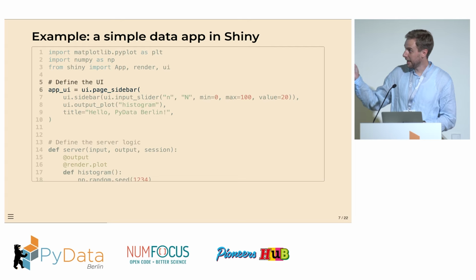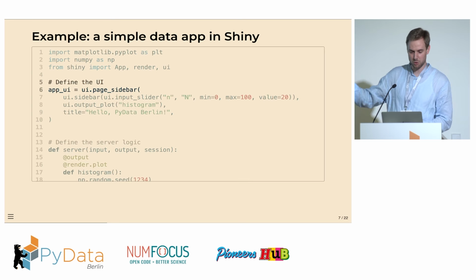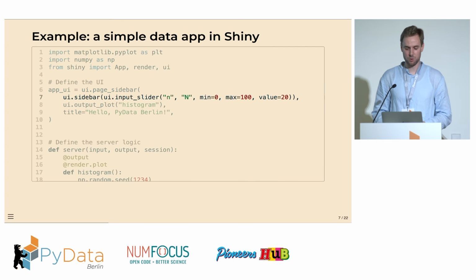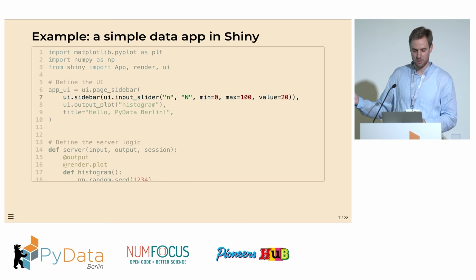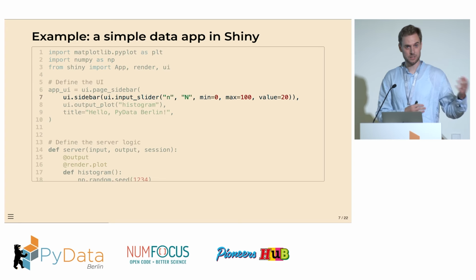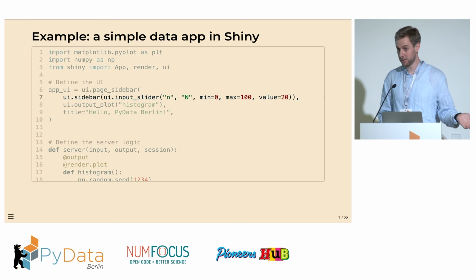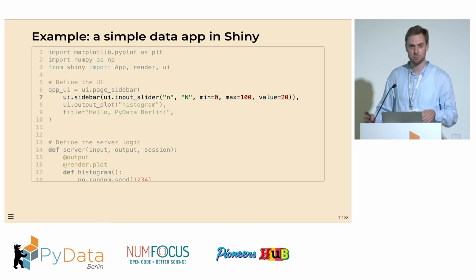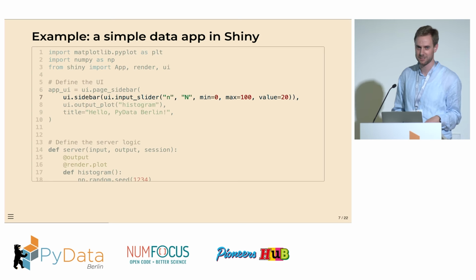So a simple layout could be page sidebar. Right? So we use the UI, define the page sidebar, and then you would, for instance, introduce a sidebar with a slider. As you can see, the Shiny framework provides some UI components, such as page layouts and, for instance, sliders, but you also get text boxes, check boxes, radio buttons, stuff like that.